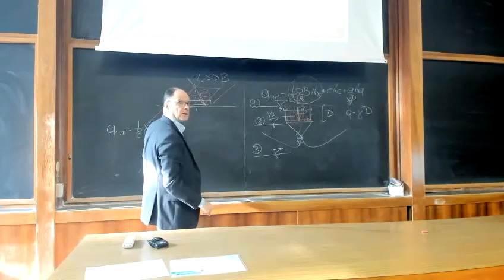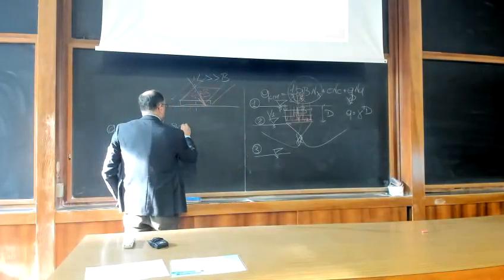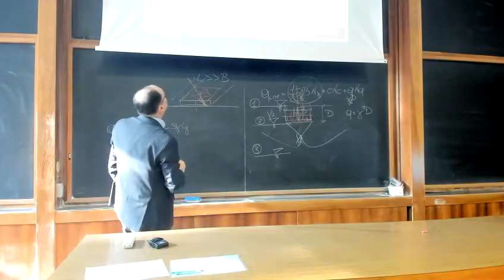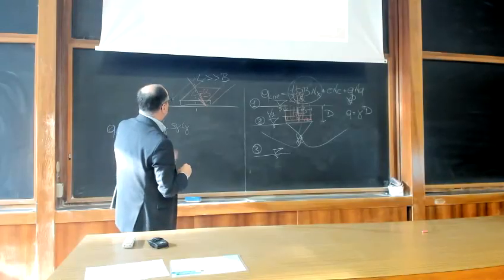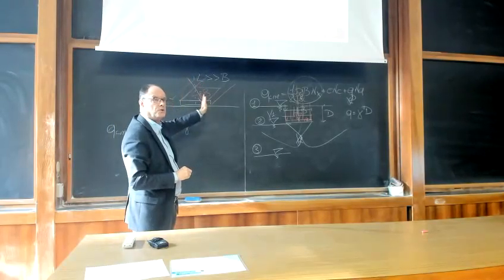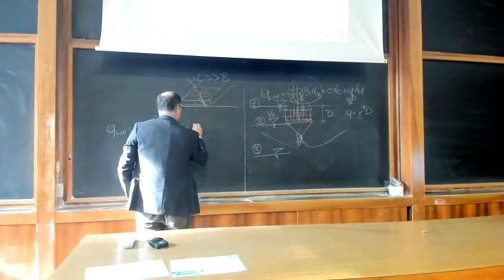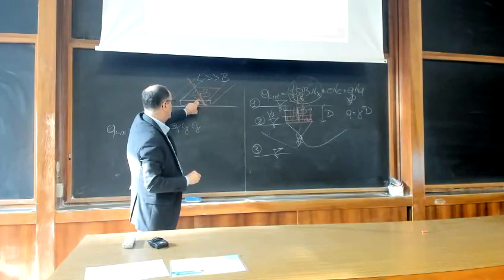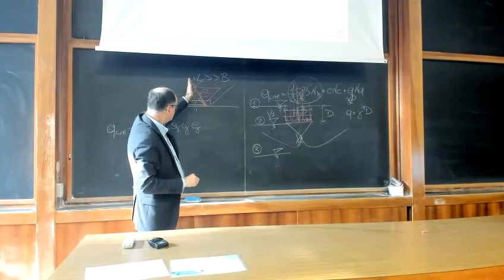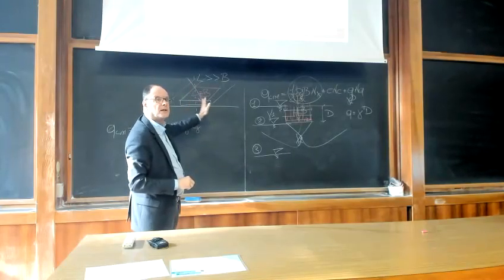This will be 1 if it is a strip footing, and different from 1 if it is rectangular, circular, or whatever. Then you can multiply by I gamma, which is an inclination factor, which considers that the resultant of the load is not vertical, but inclined. Then you can multiply by E gamma, which takes into account that the resultant is not centered in the center of gravity, but is eccentric.